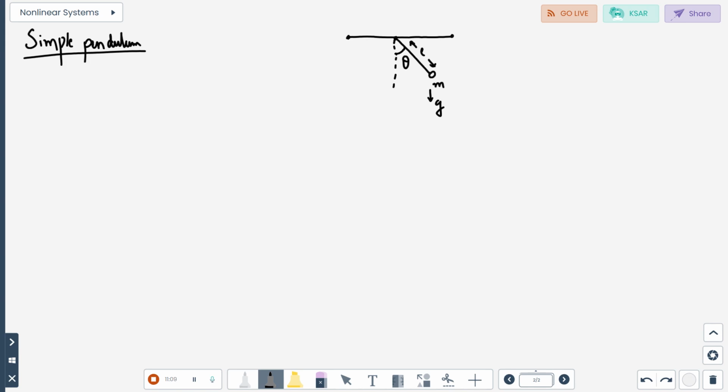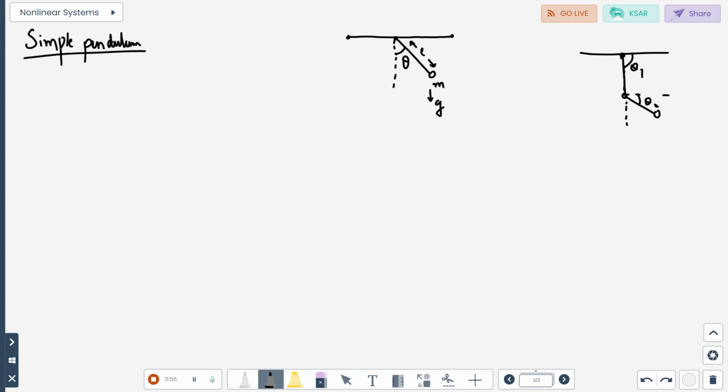Fine. We can have different types of pendulums. We can have an inverted pendulum. We can have a pendulum with 2 degrees of freedom like this, a system having 2 joints. So you'll have theta 1 and theta 2, at 2 different points.